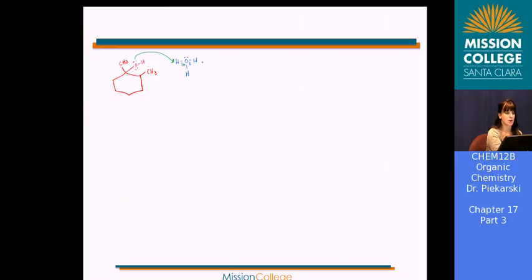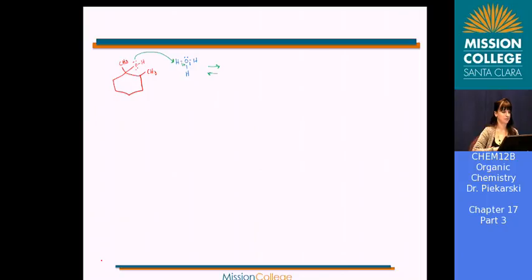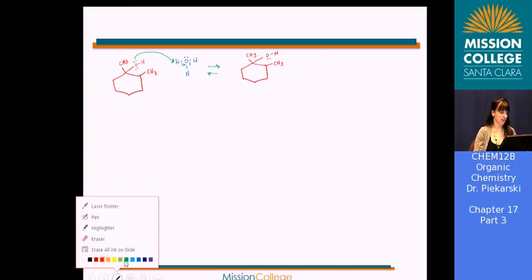These two electrons go on to the oxygen to form water. And now we have a protonated alcohol here.